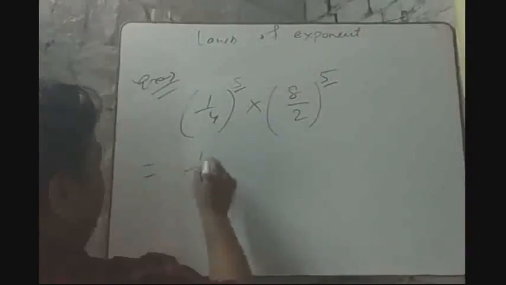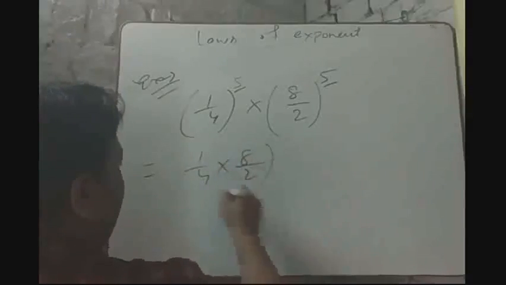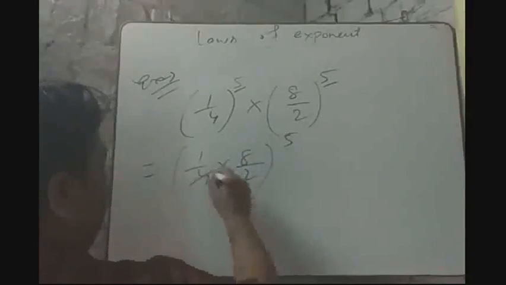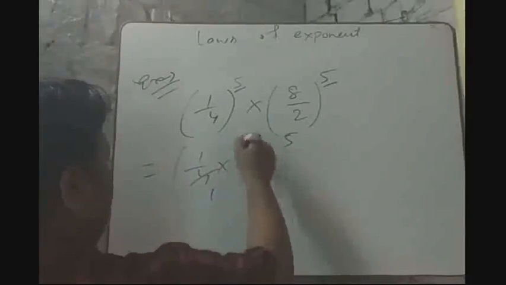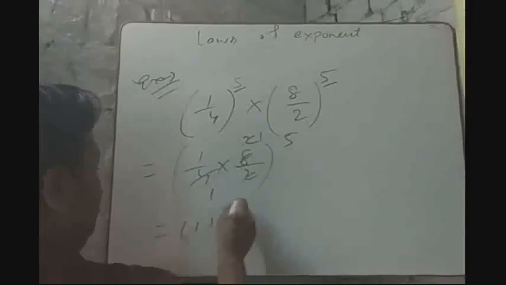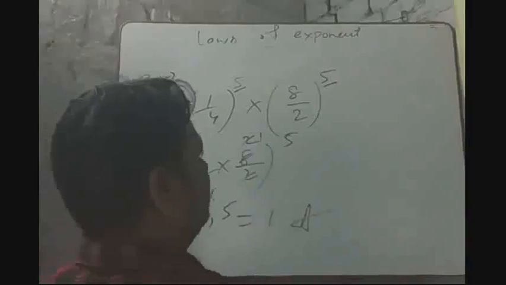Then we will write 1 by 4 into 8 by 2, all to the power 5. Then we will cancel: 4 with the 2, and we get 1 to the power 5, which is equal to 1. Like this we will find the value. So these are the last properties.